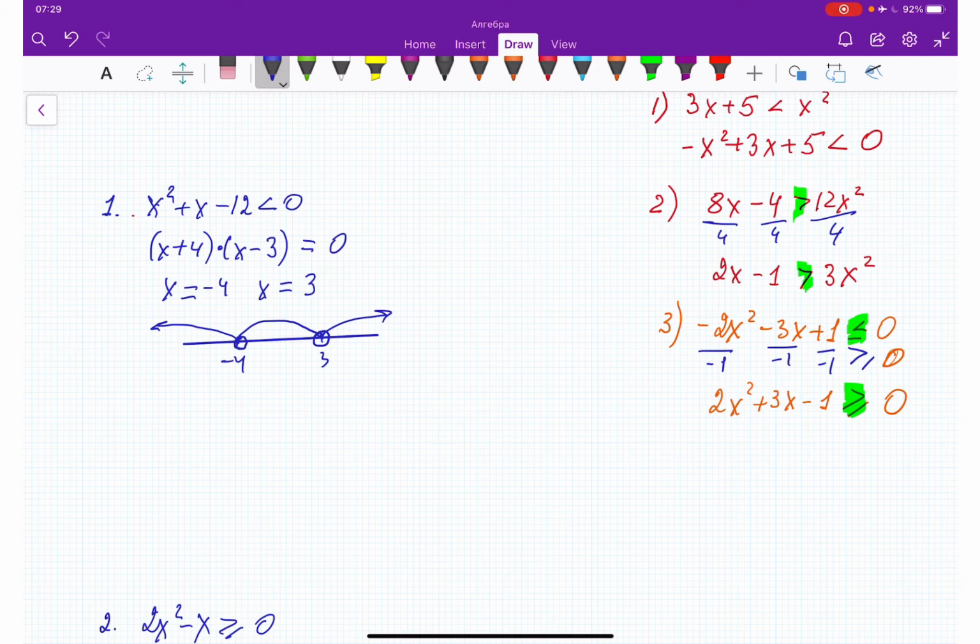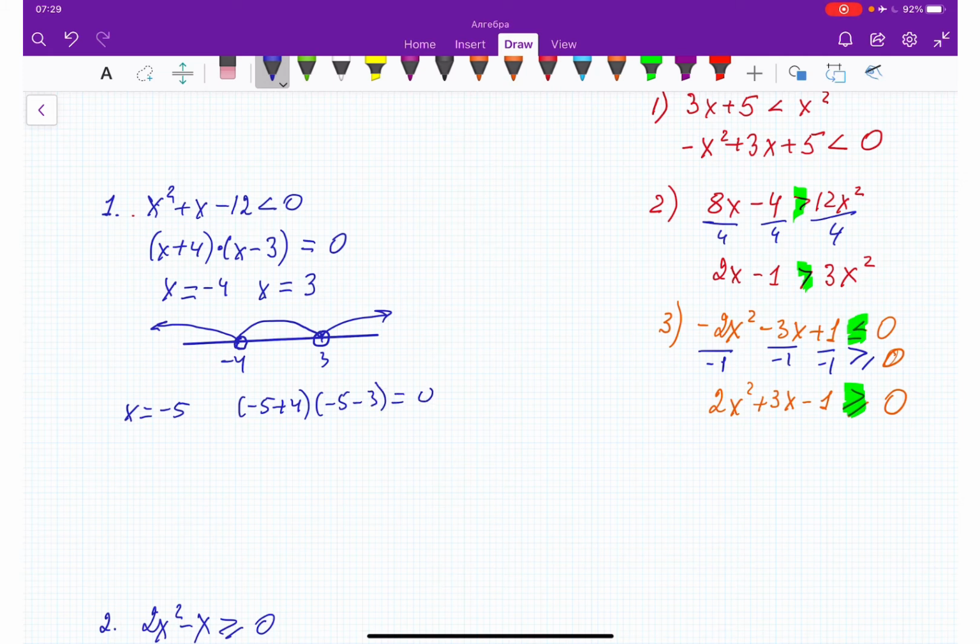So what do we have here? Well, let's say we take less than negative 4. Let me take negative 5. How about that? X is equal to negative 5. So we will have negative 5 plus 4, negative 5 minus 3.